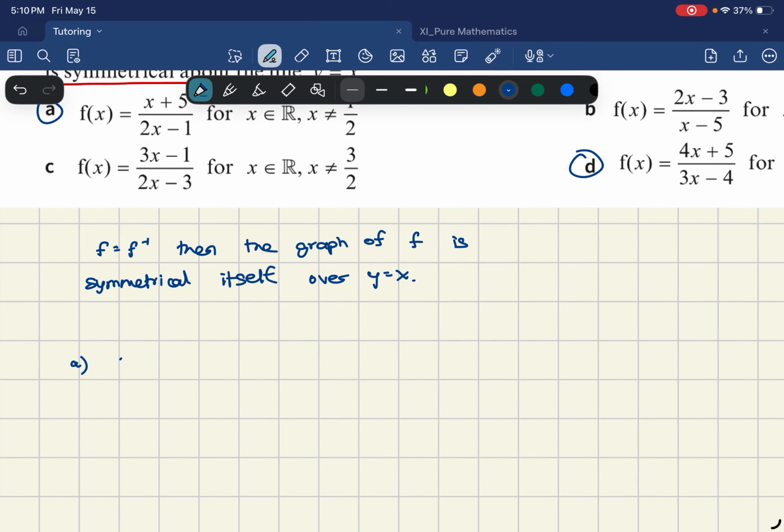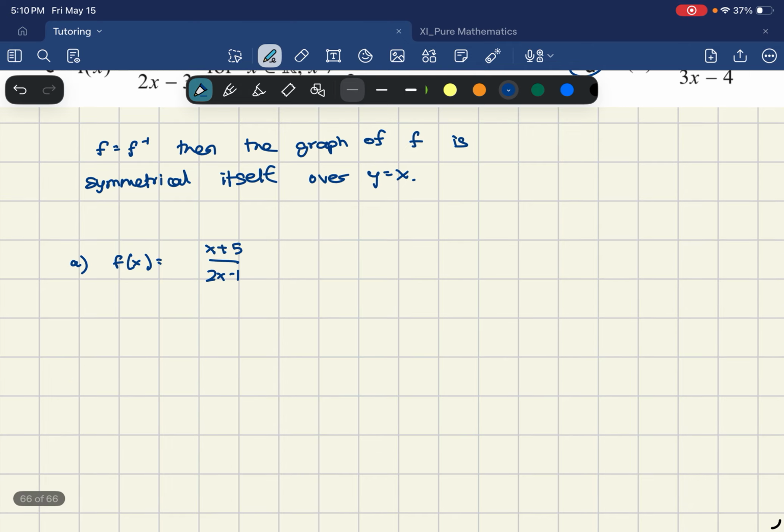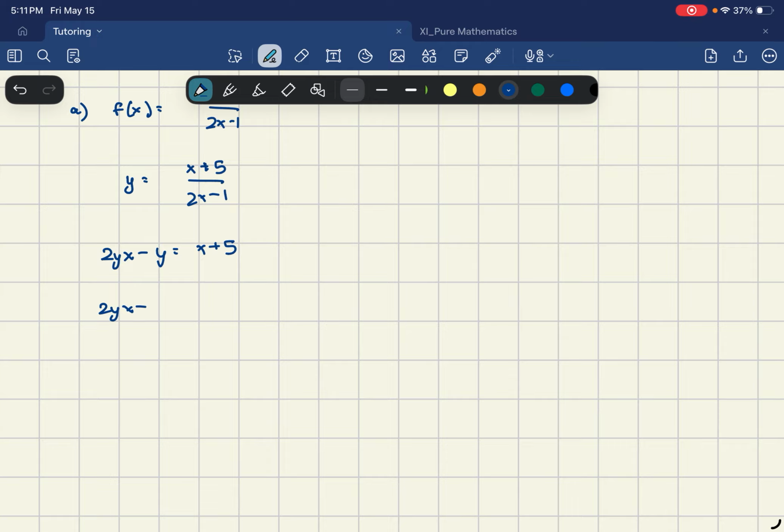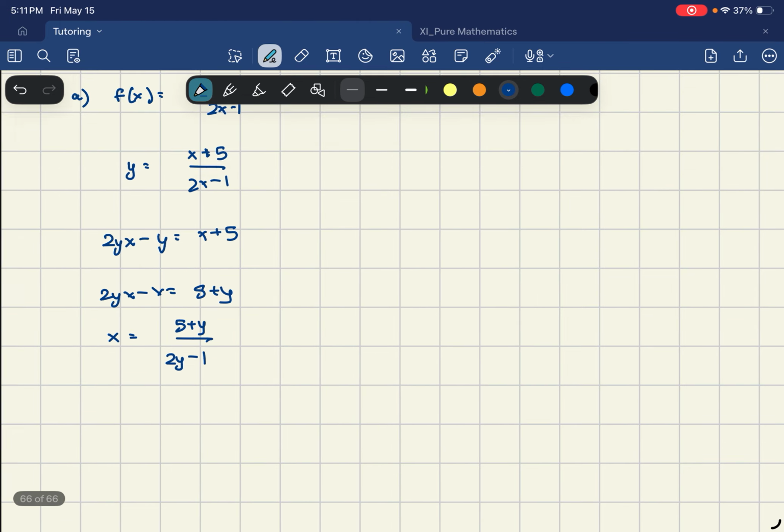All right, so A is f of x equals x plus 5 over 2x minus 1. And now I can say y is equal to x plus 5 over 2x minus 1. If I multiply by 2x minus 1 on both sides, I get 2yx minus y is equal to x plus 5. And I get 2yx minus x is equal to 5 plus y. And finally, I get x is equal to 5 plus y divided by 2y minus 1.